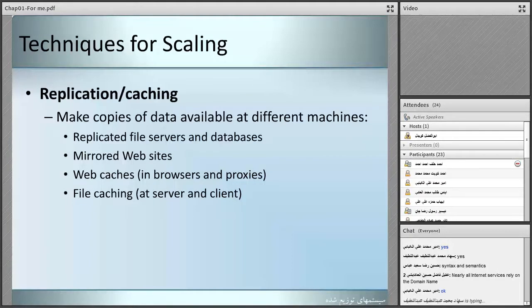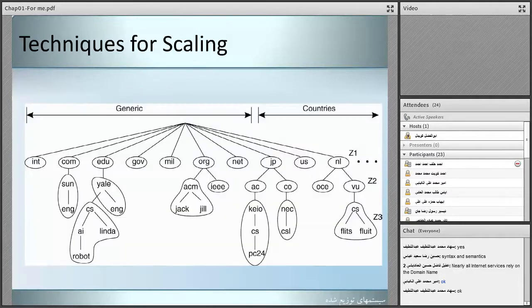Another technique for scaling: naming, DNS. Why is it a technique? Because if we have a single server where all the information of these websites is stored, the bottleneck occurs.